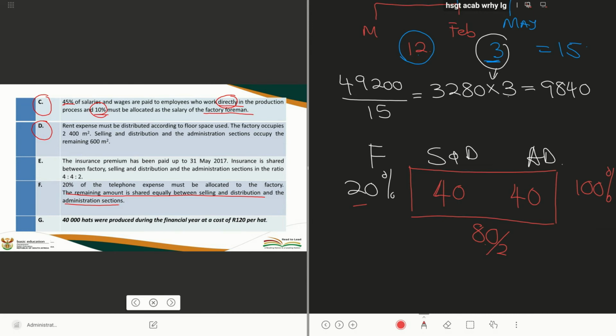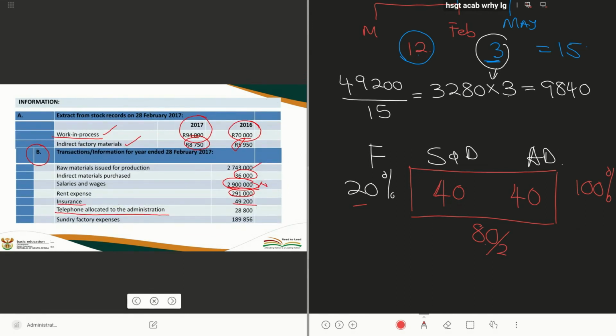And then, they tell us the amount that they gave us, do you remember the amount again? Yes, 28.8. That 28.8 is for the admin. So, for the admin, it is 28.8. The question then is, how much is going to the factory?